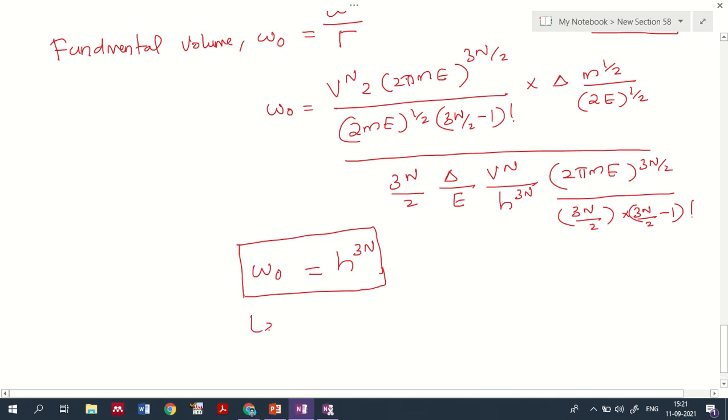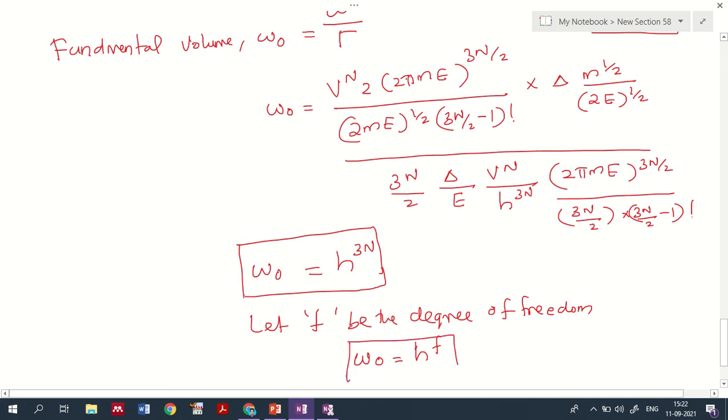If I say that f is the degree of freedom of the classical ideal gas, then the fundamental volume I can simply represent as omega 0 equal to h raised to f.